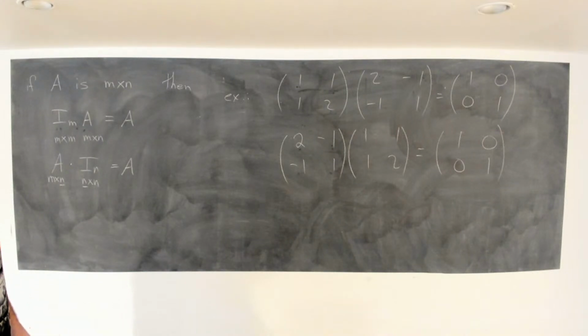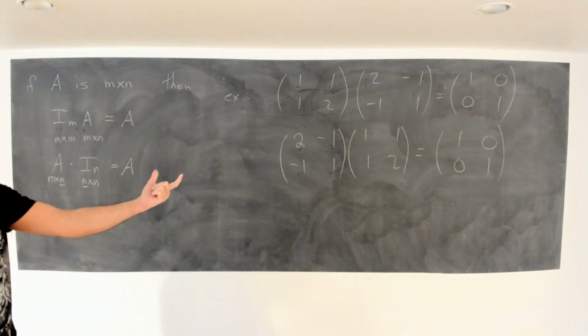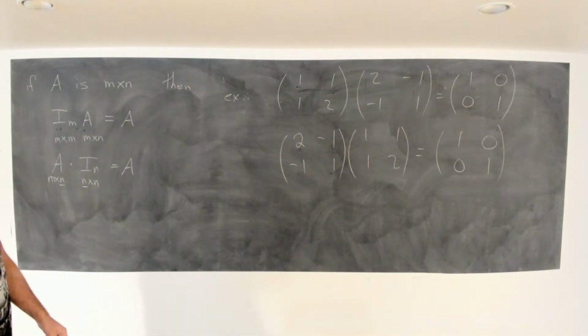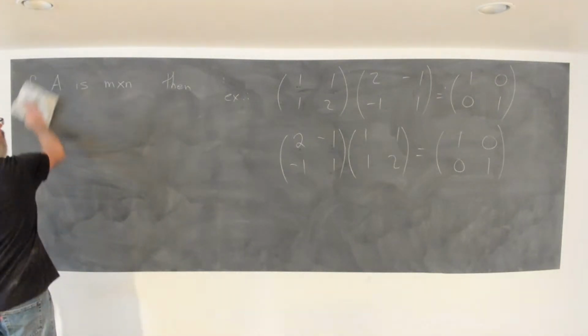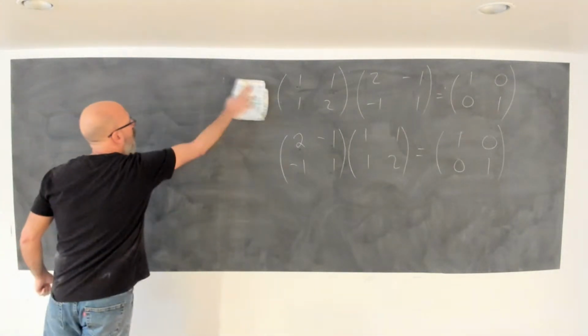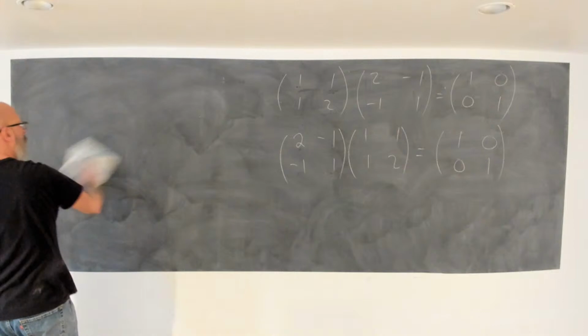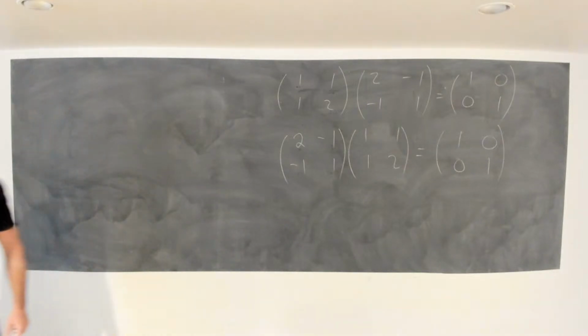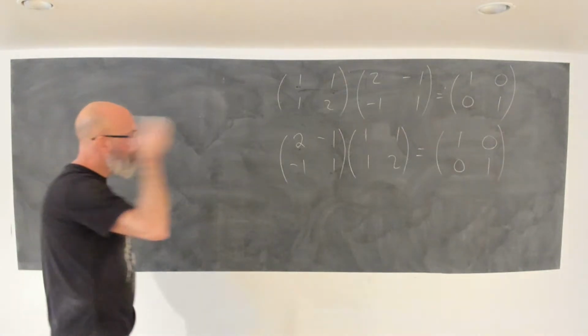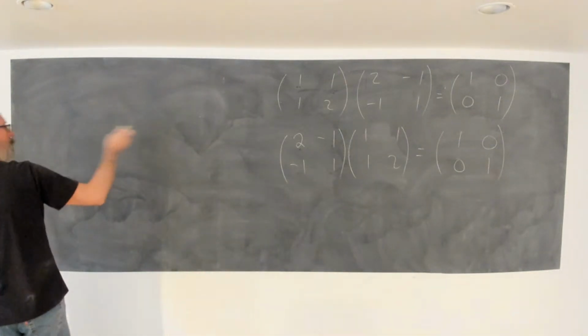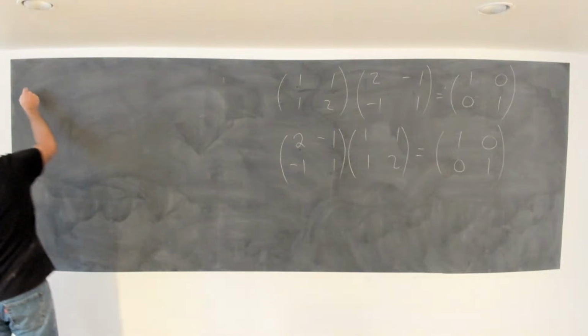Isn't that nice? Here we're multiplying two matrices together and we're getting the identity matrix.